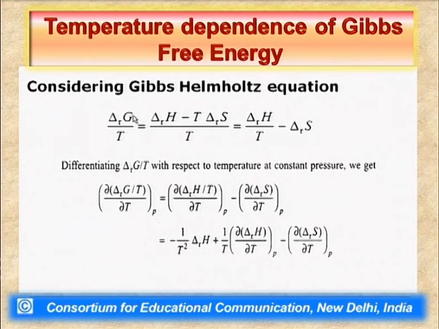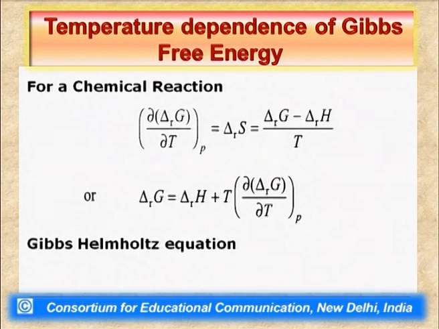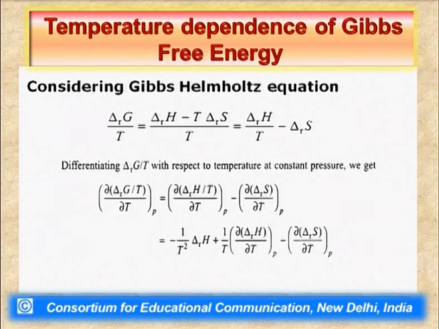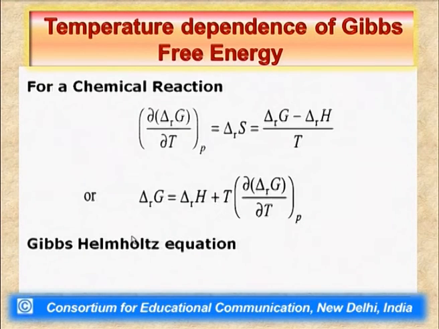So, delta R G by T equal to delta R H by T minus delta R S. And we know from the Gibbs-Helmholtz equation that delta R G equal to delta R H plus T del delta R G by del T. Here we can substitute the value of delta R G in this equation, and therefore, it means we can quantify del of delta R G by T by del T, as you could see here.